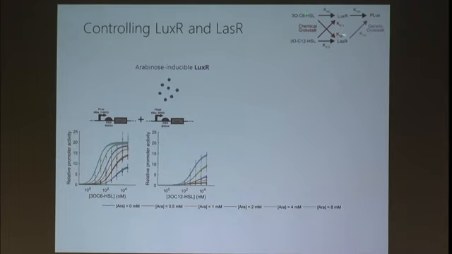If we increase the abundance of LASR, then we're going to increase the quantity going through this channel, for example. The way we did that is we used an inducible promoter called PBAD, which is turned on when you add this chemical called arabinose. And of course, the more arabinose you add, the more induction of the promoter you get, and so the more of the LuxR protein you would get in these cells.